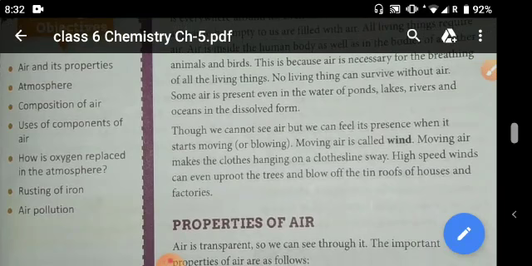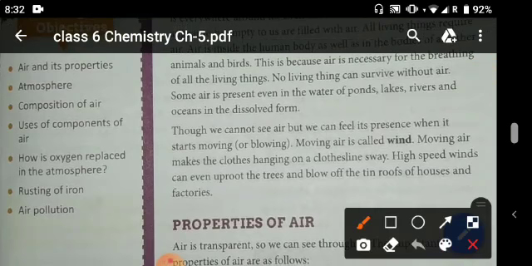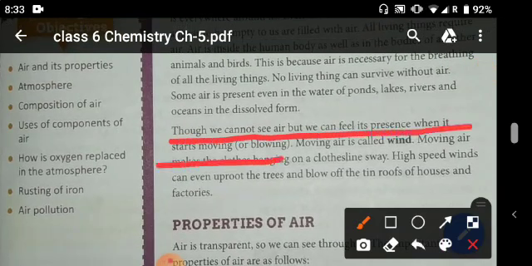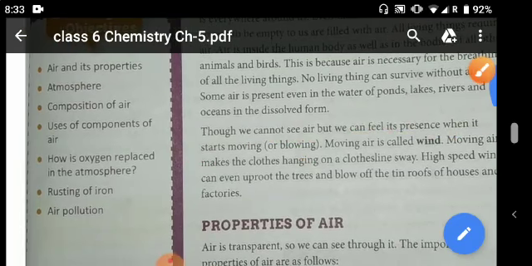We can feel the air when it starts moving or blowing. The question is, what is wind? The moving air is called wind.